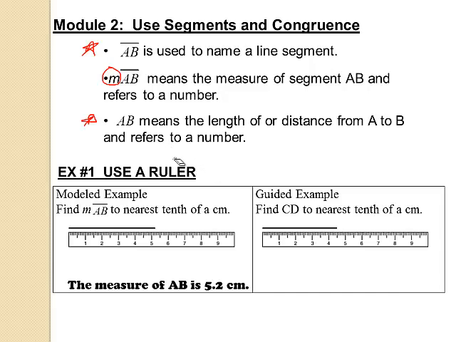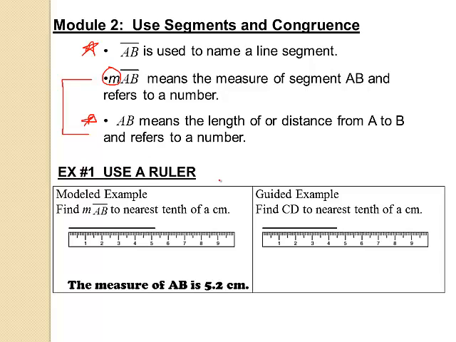So AB without any notation above it means the length of or distance to or from A to B and refers to an actual number. So these two are just different ways of saying the same thing.